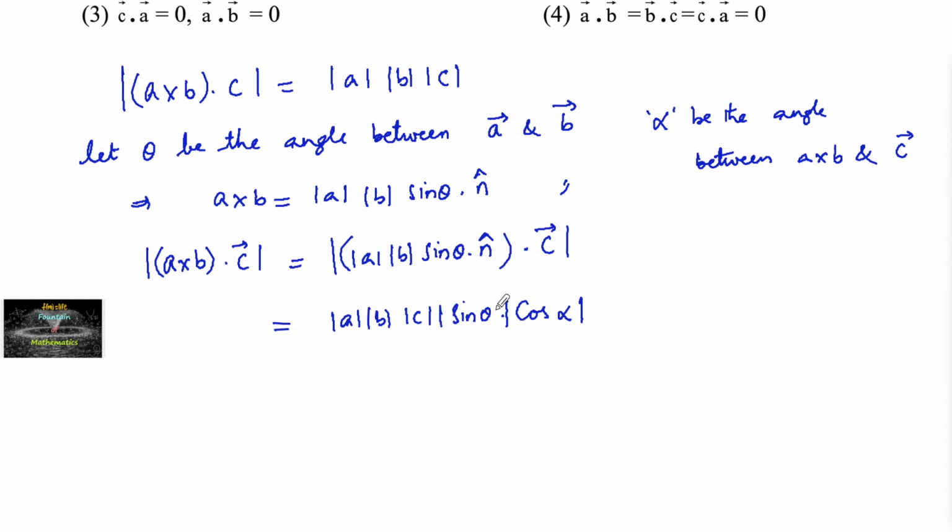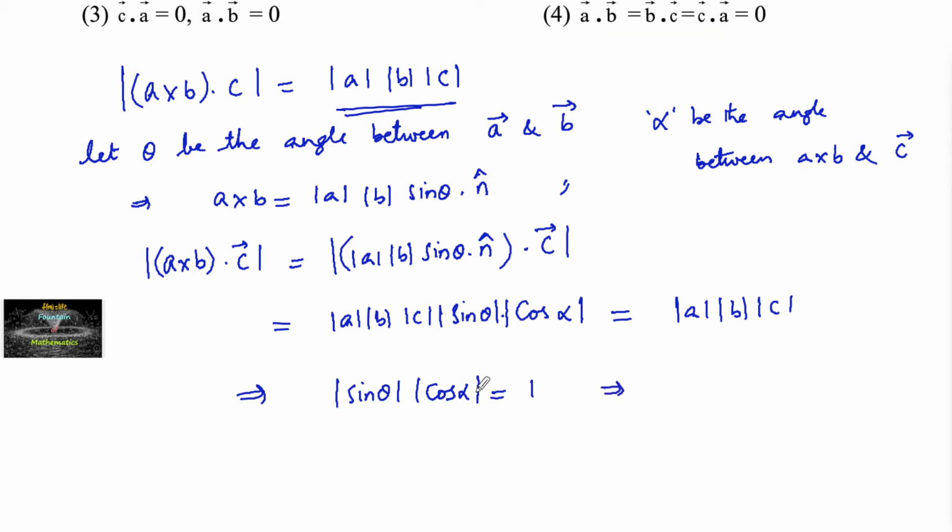So modulus of sine theta can also be taken, which is equal to what is given, |a||b||c|. So which implies that |sine theta| and |cos alpha| is equal to 1.